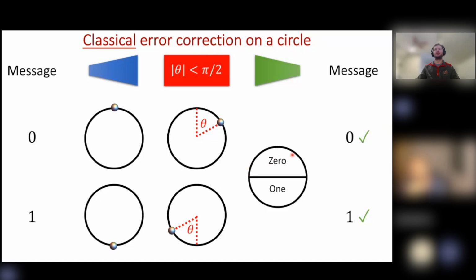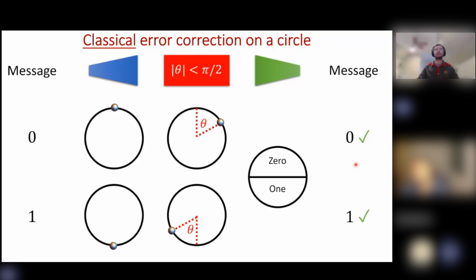If it's in the northern hemisphere, then we assign it to be 0. If it's in the southern, we assign it to be 1. And so basically you can infer which theta you can handle. If theta is less than pi over 2, less than 90 degrees, then the white ball in the northern hemisphere stays in the northern hemisphere.